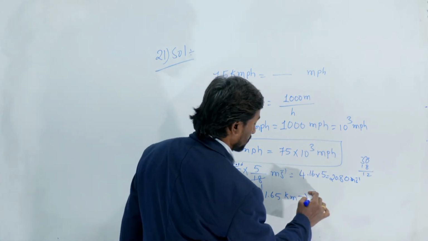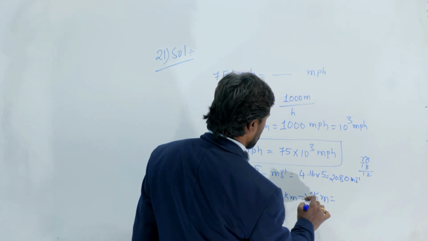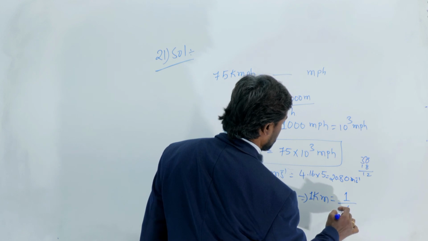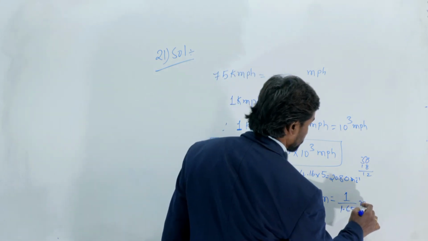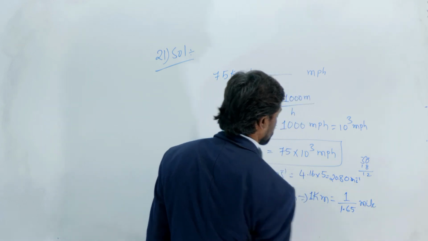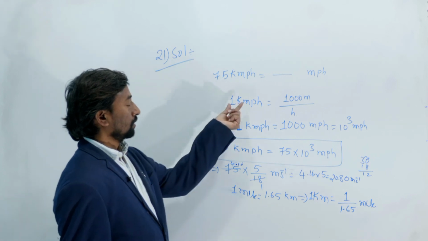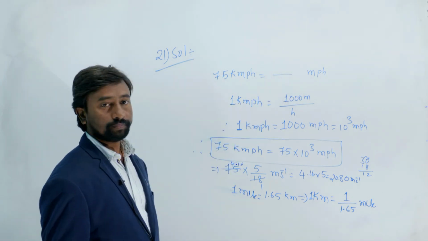From here we can convert: 1 kilometer is equal to 1 by 1.65 mile. And now we can convert kilometer into miles per hour.